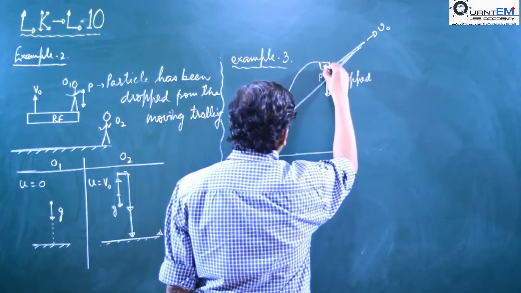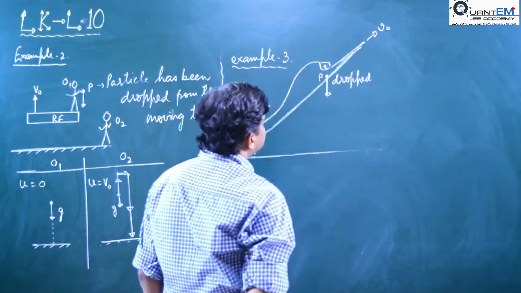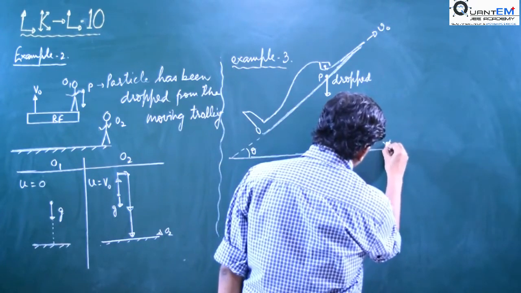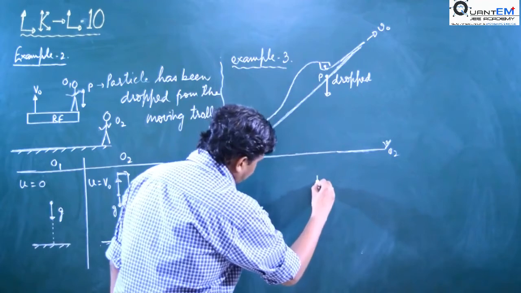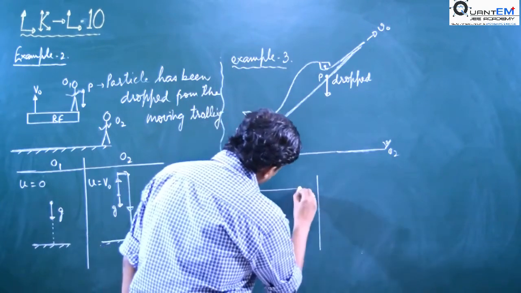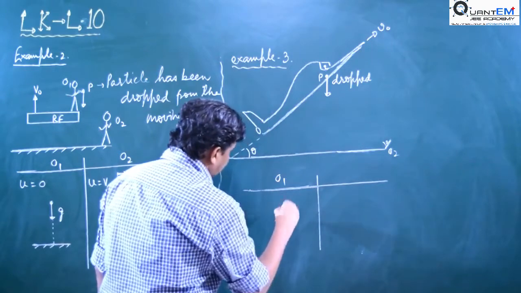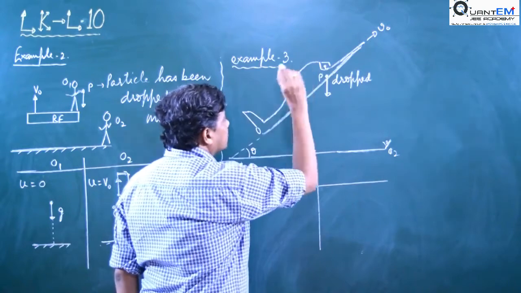It is one observer, the pilot of the fighter plane, and the second observer is over the ground. Now we come to the nature of path for these two observers. For observer 1, the reference frame is the pilot.